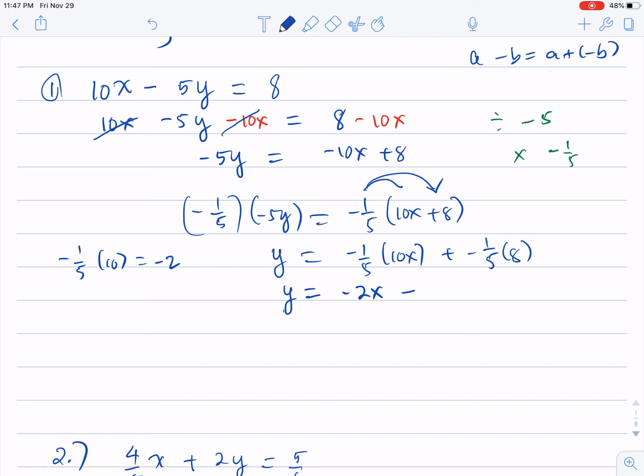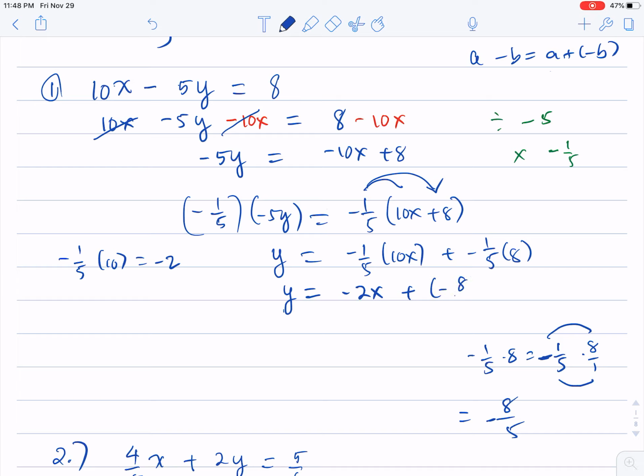And then plus, ano ang negative 1/5 times 8? Negative 1/5 times 8 is the same as negative 1/5 times 8 over 1, di ba? Which is, minultiply natin to magiging 8. Minultiply natin to magiging 5. Pero negative siya kasi may negative tayo dito. So this is negative 8/5, no?